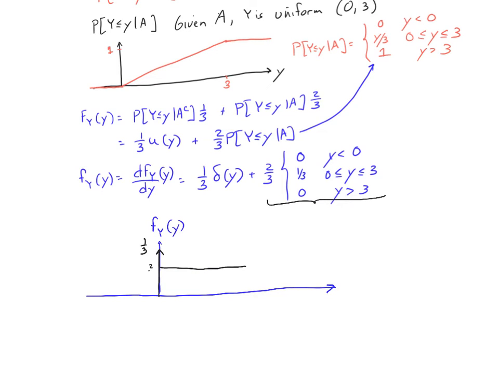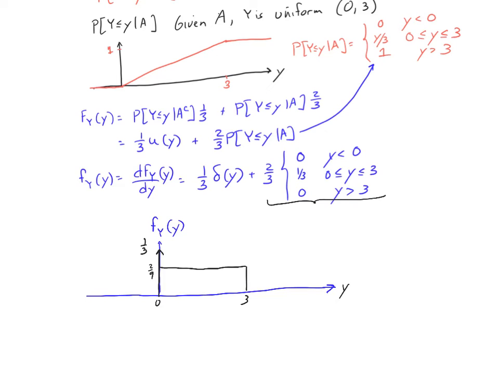So this is 2/9 from 0 to 3. And that's the PDF. So something funny has happened here because at the origin, we have an impulse and we also have a term that's 2/9 from the continuous uniform part.